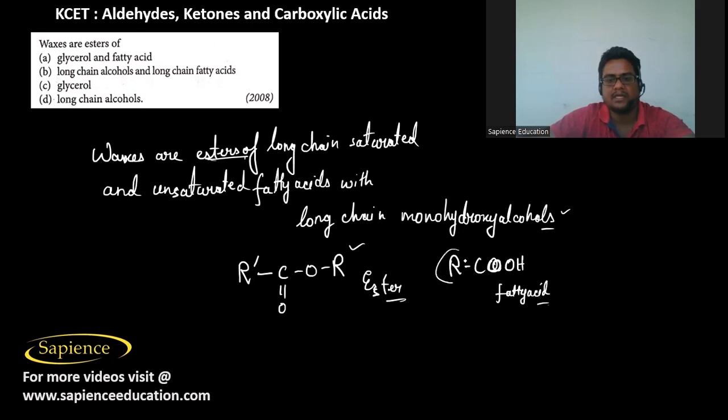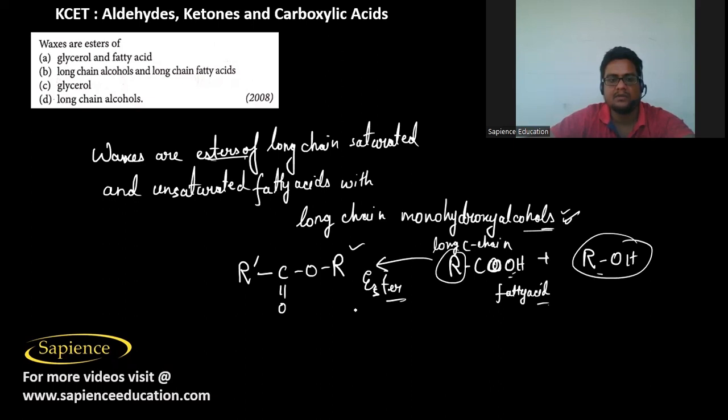It means this alkyl group should be a very long carbon chain, and it will react with monohydroxy alcohols, that is with ROH. Then only if they react, this kind of ester will be formed, which will be called wax.